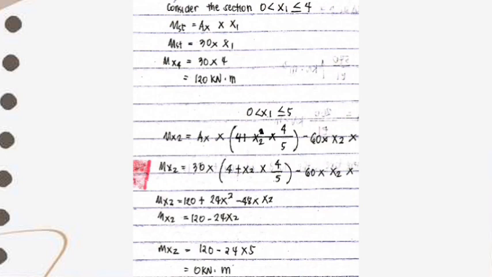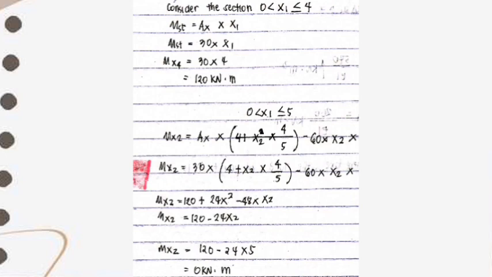So we have M(x2) is equal to 30 times 4 plus x2 times 4 over 5 minus 60 times x2 times 4 over 5. So M(x2) is equal to 120 plus 24x2 minus 48x2. So our M(x2) is equal to 120 minus 24x2.